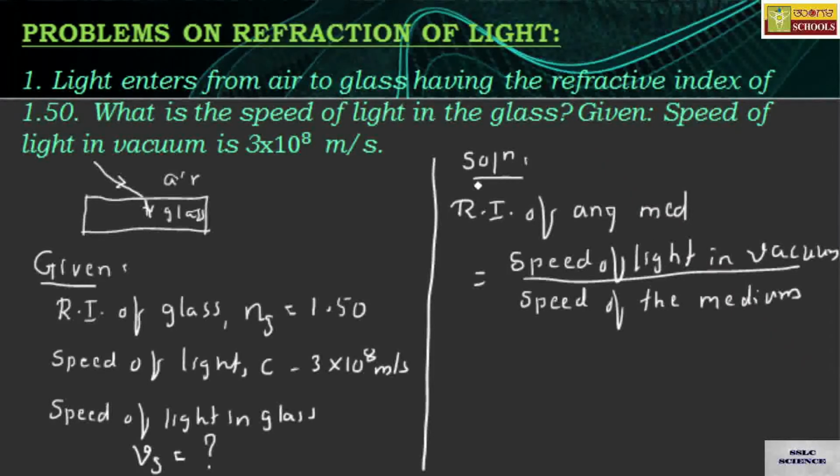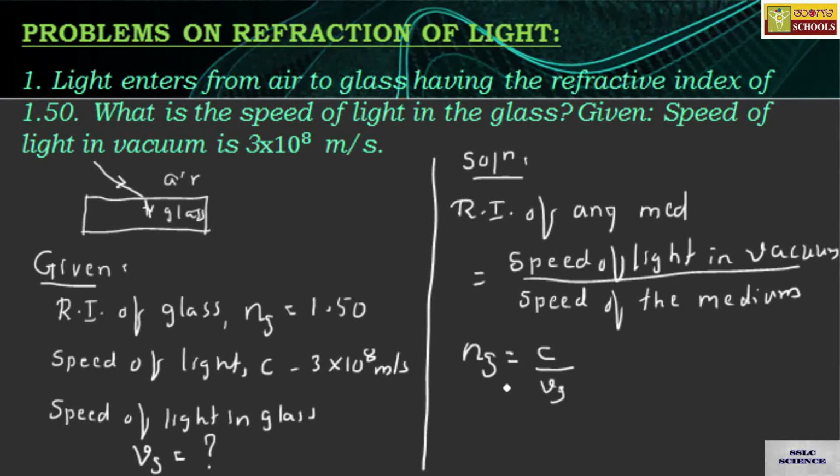Here the medium is glass, so Ng is equal to c divided by Vg, which is the speed of light in glass.